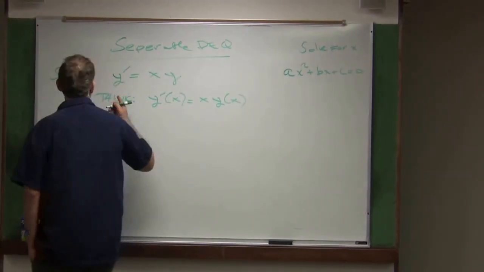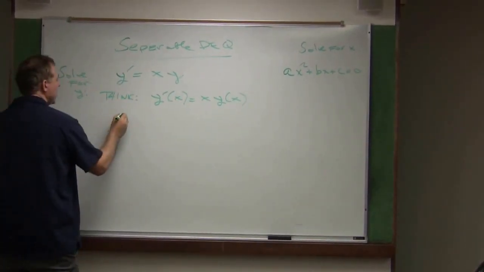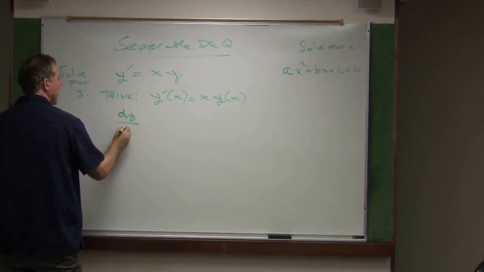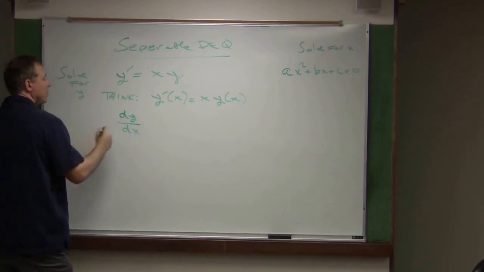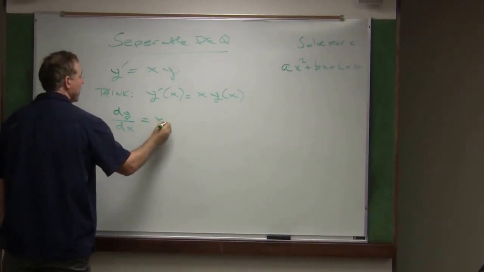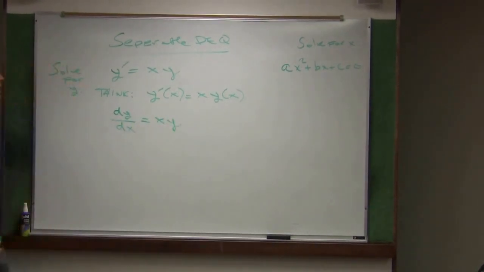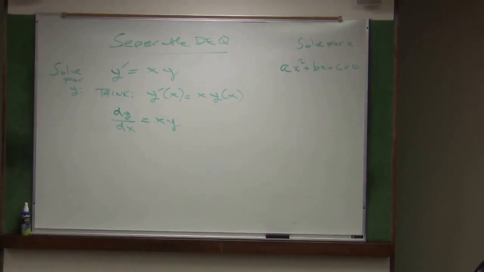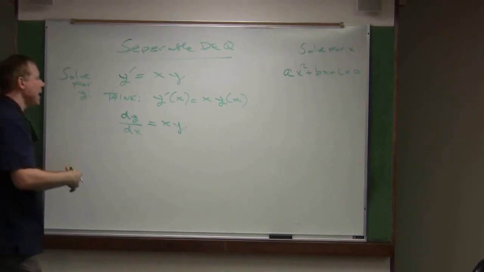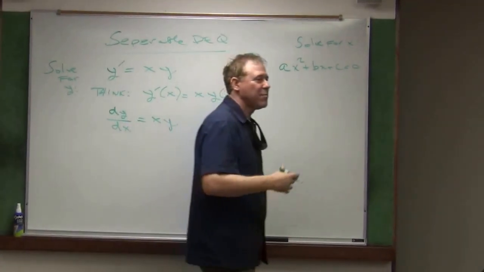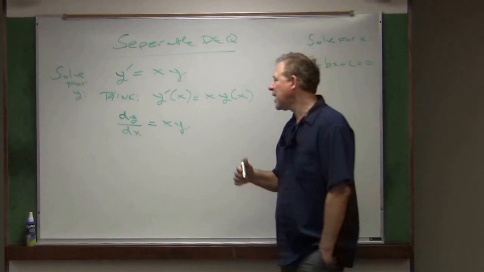Okay. So we're going to use the notation dy over dx for y prime. We're going to use this notation instead of the prime notation. I'm going to rewrite it like this. And let's just pretend that we can multiply both sides by dx and bring the dx over to the other side.